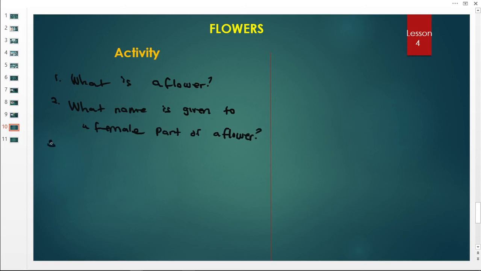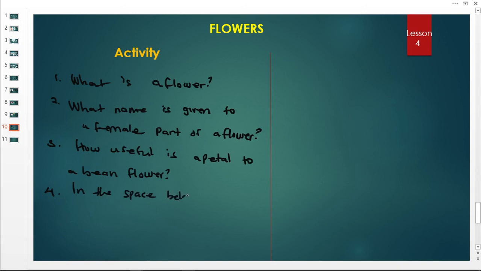Number three, how useful is a petal to a bean flower? Number four, in the space below, draw a stamen.